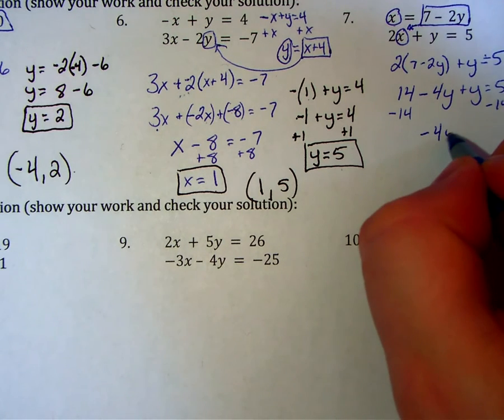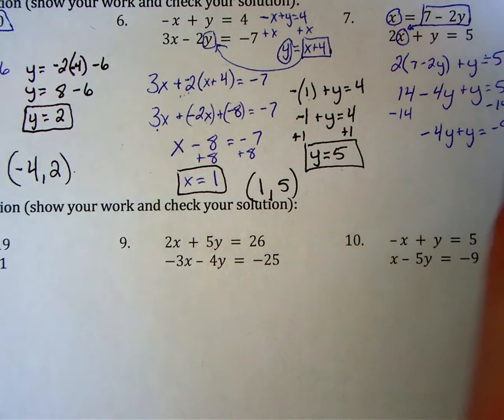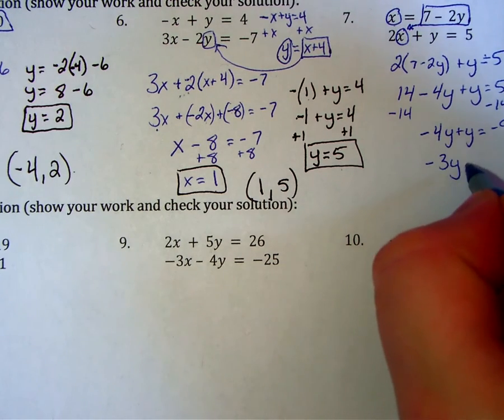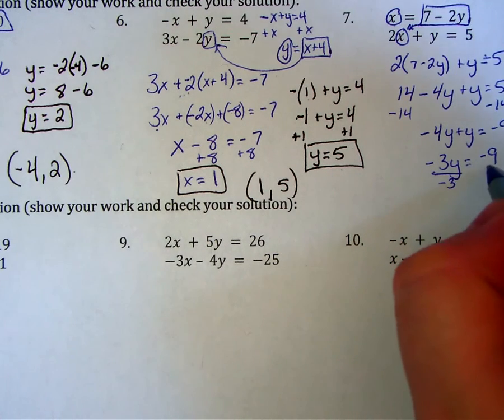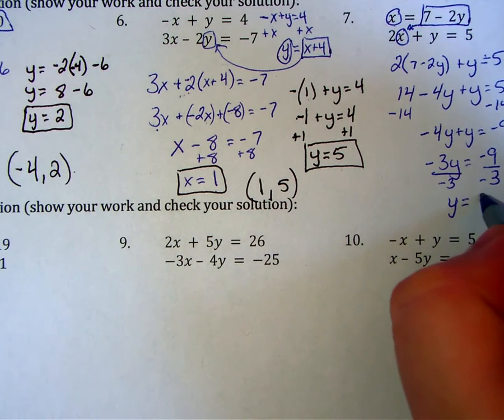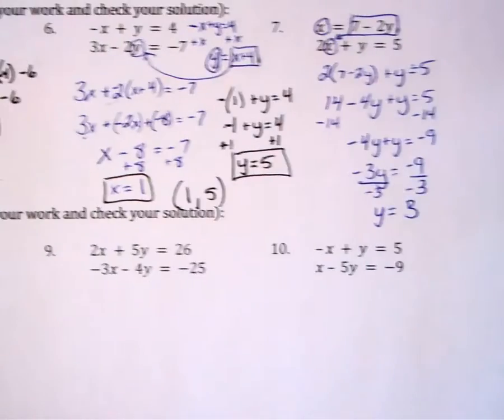Negative 4y plus y is equal to negative 9. Well, negative 4y plus y is just negative 3y. And we'll divide by negative 3. And y then is equal to 3.